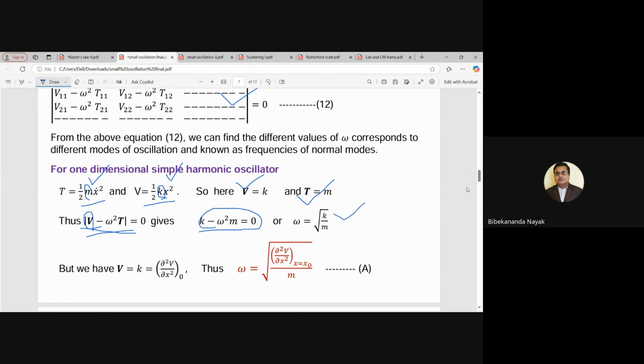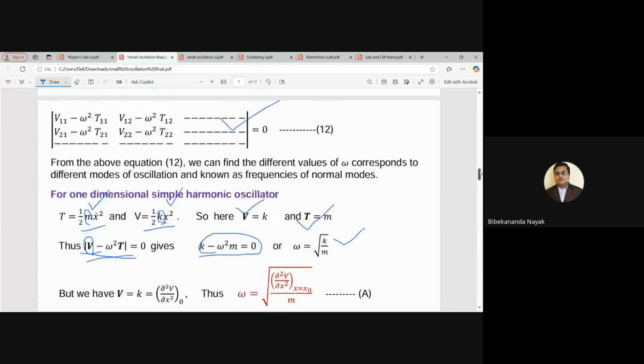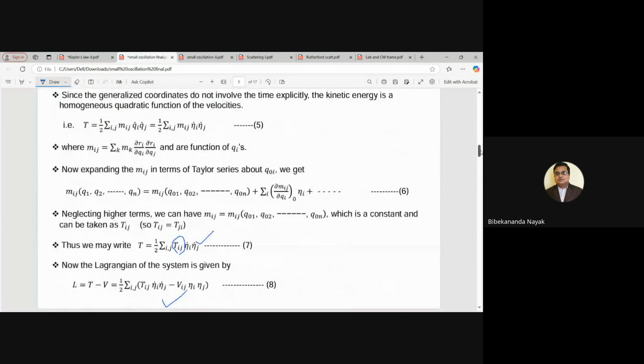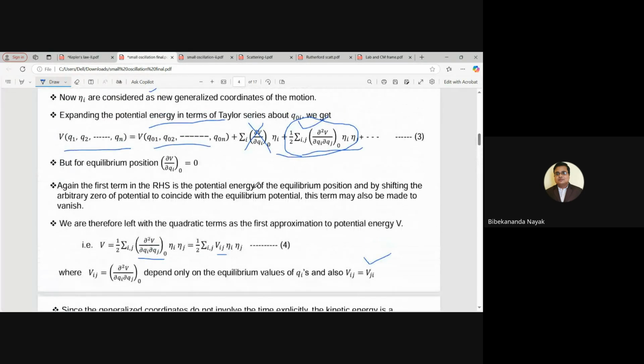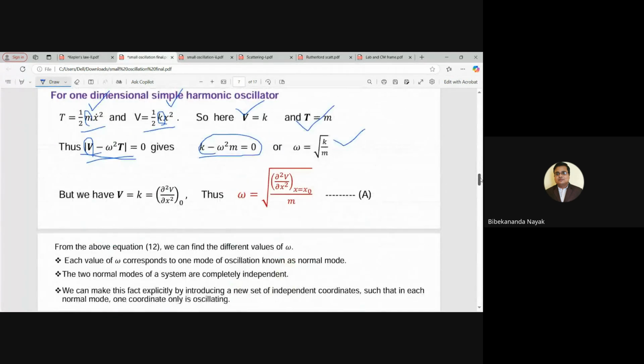But V_ij, what we take as k, is basically equal to del square V by del q_i del q_j. In one dimension, we write q_i q_j the same, del square V by del x square. So omega is root of k by m, and in place of k putting this, we find root of del square V by del x square at x equal to 0, divided by m.